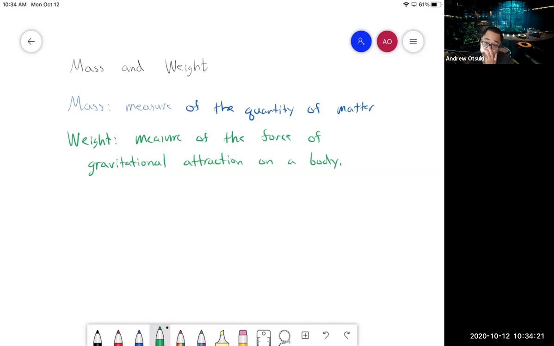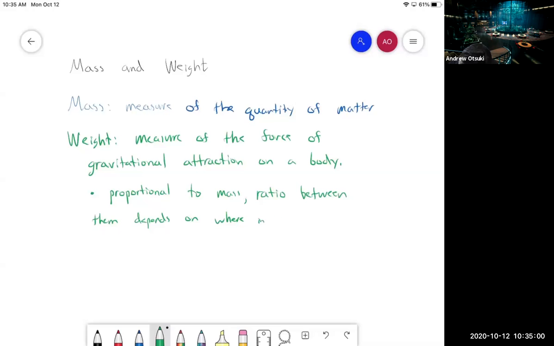So the weight is proportional to mass, and the ratio depends on where in the universe one happens to be.